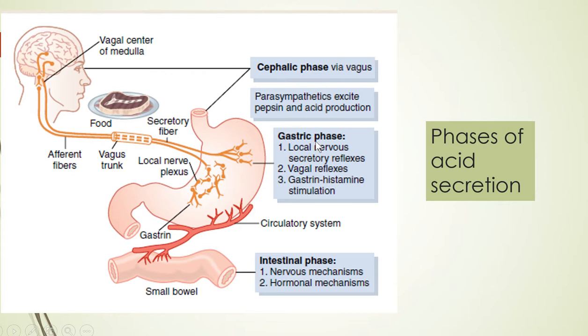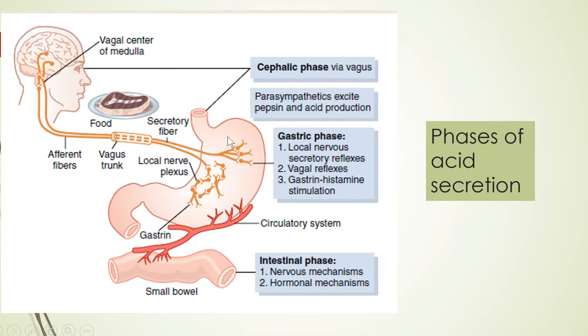Okay. Second phase is gastric phase. So around 10% of acid secretion occurs via the cephalic phase. Gastric is around 60%, 40 to 60%. It can vary actually, but the main acid secretion is via the gastric phase, which has nerve reflexes present, like when we eat food.